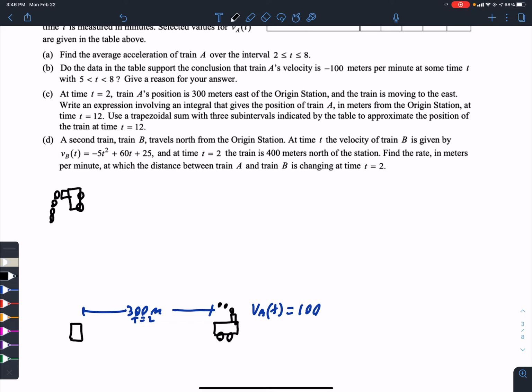It's going northwards, that same time t equals 2. I will do this in our gold. So this distance here is 400 meters north of the station when t equals 2.